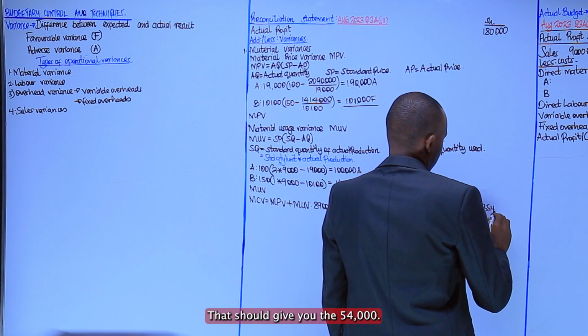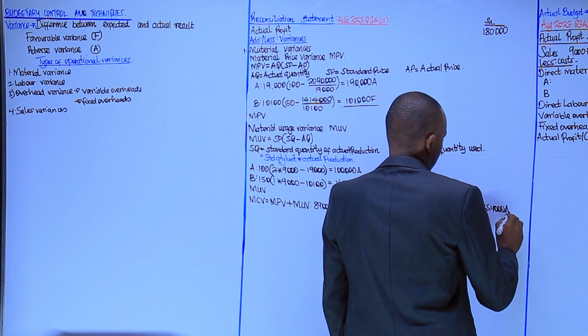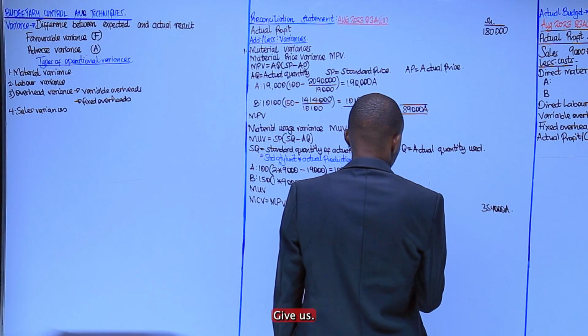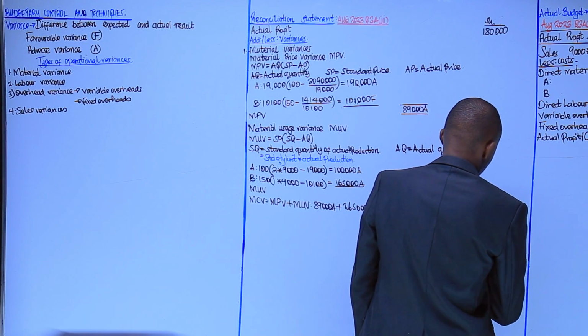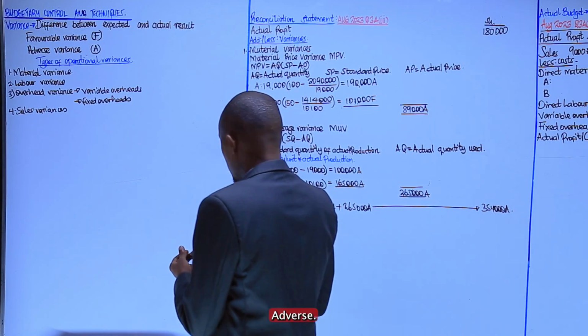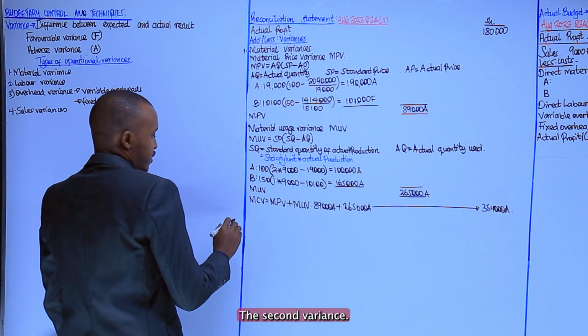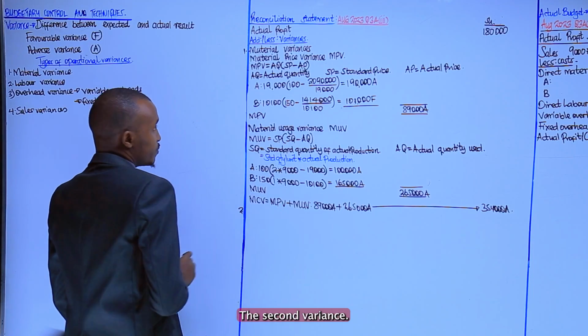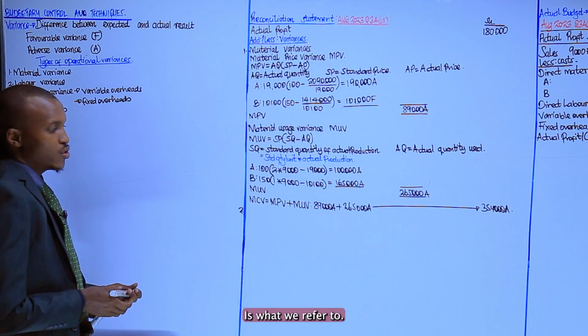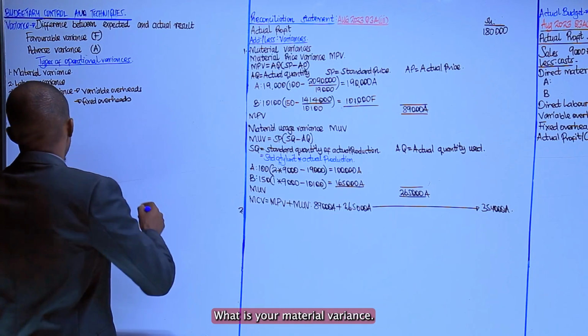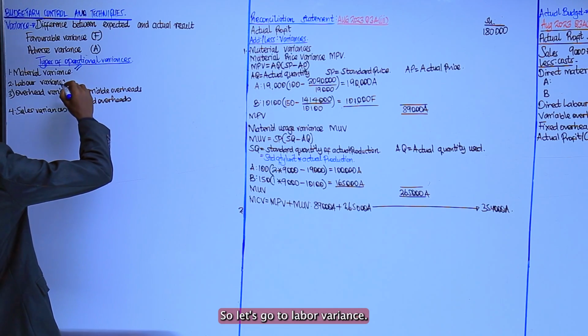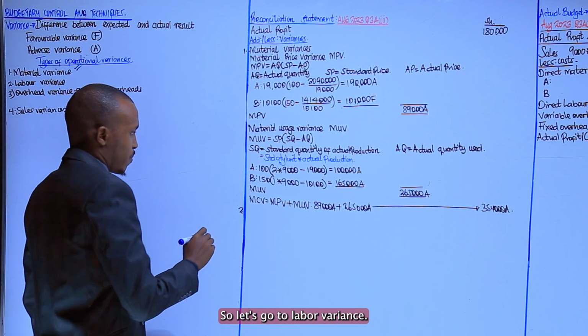That should give you 354,000 adverse. The second variance, that is your material variance. So let's go to labor variance.